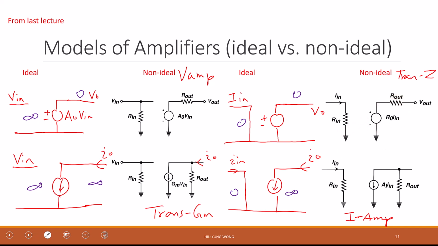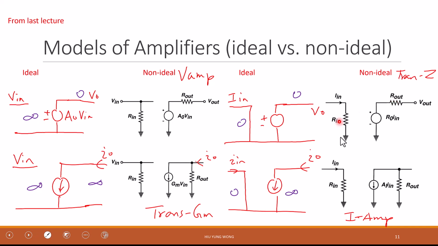It's a voltage, right? Impedance, right? V out divided by I in. So because I'm a current sensor, I want a low input impedance. I'm a voltage source, I want a low output impedance. So I want R out and R in to be both small.